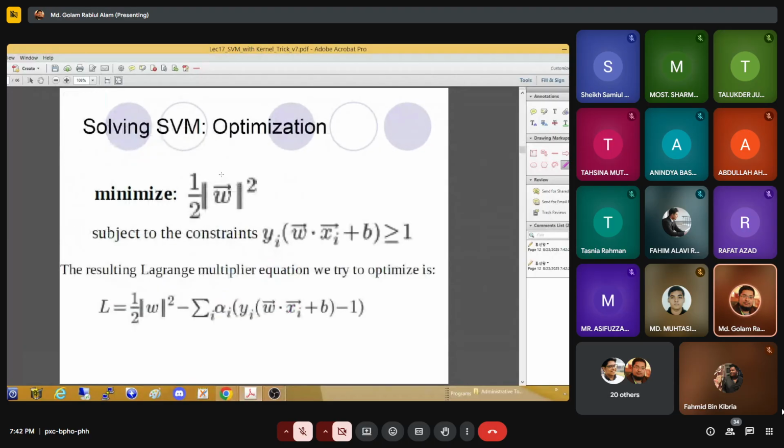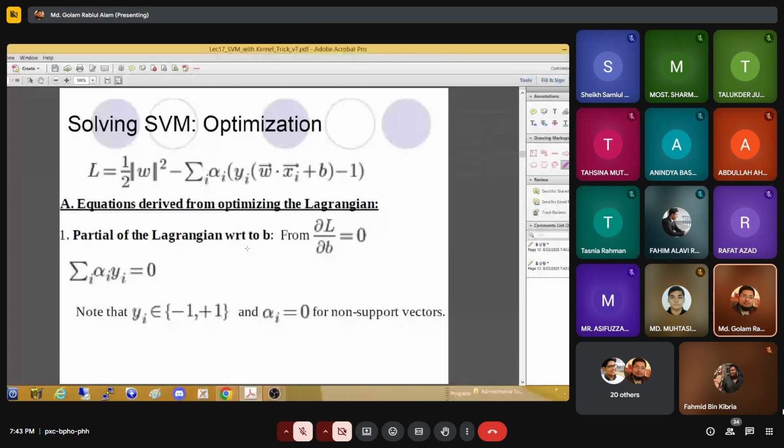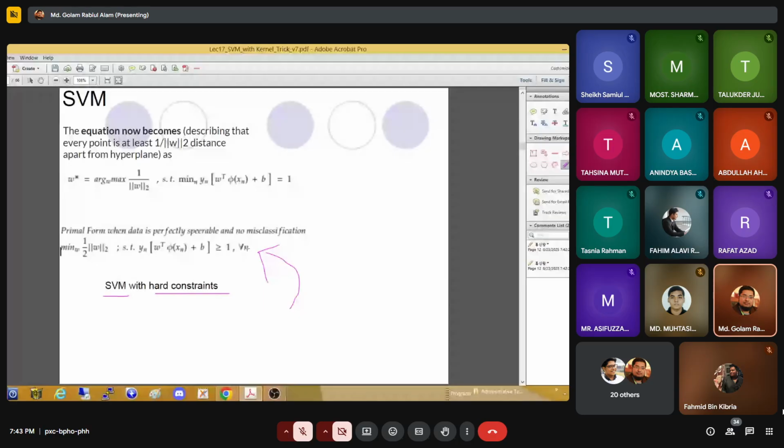And for that, how to form the Lagrangian equation, and from that equation, we want to form the dual problem, so to make it dual. So this is a primal problem.